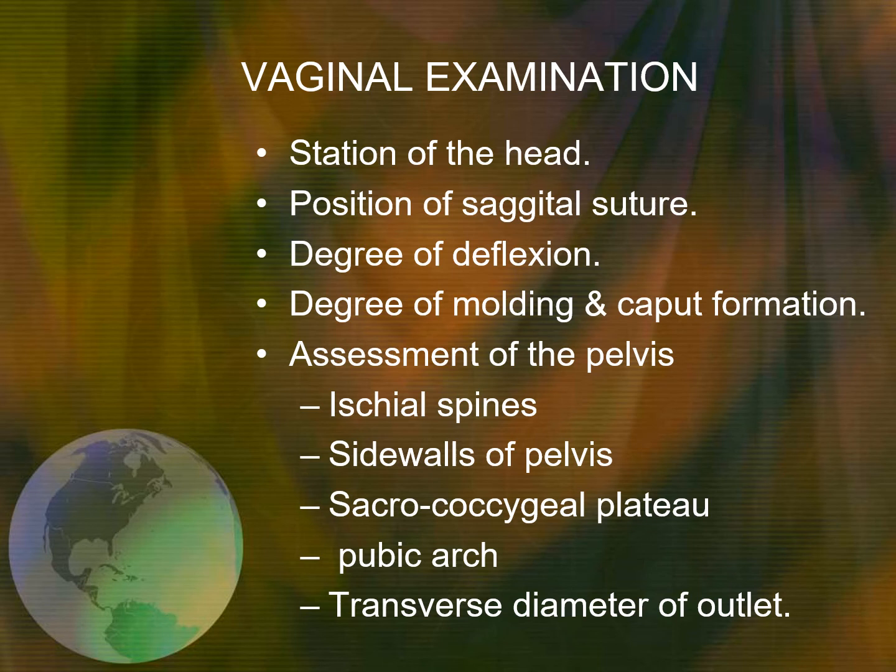And in the vaginal examination, you should see the station of the head, position of the sagittal suture, degree of deflection, degree of molding, assessment of the pelvis. That is, you should see the ischial spine, whether it is converging, side walls of the pelvis, whether it is converging or diverging, sacrococcygeal joint, pubic arch, transverse diameter of the pelvis. All these things you should see during the pelvic examination.